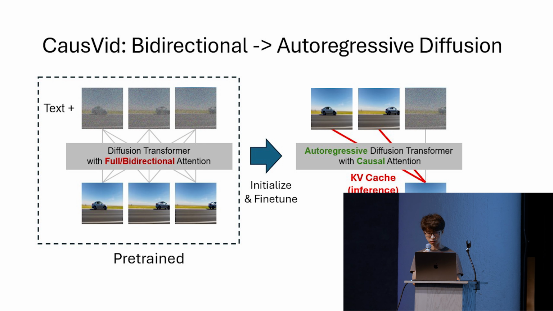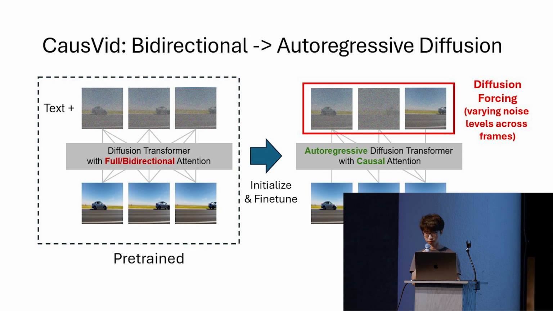So this training scenario would not generalize very well to this inference scenario. Diffusion forcing is a prior work where during training you give independent noise levels to all the input frames. So it can cover all the possible scenarios and generalize better at inference time.